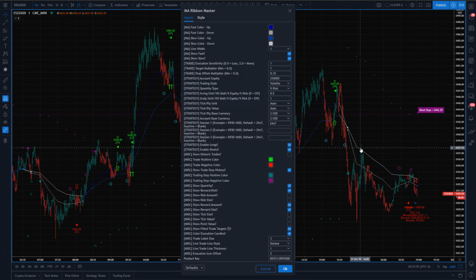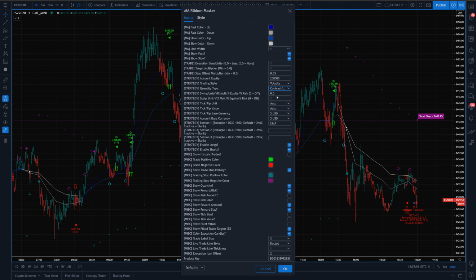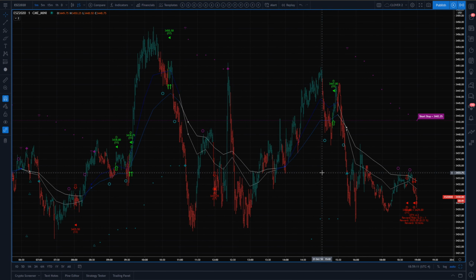So when you look at the quantity type here underneath the trading style, you have 4 different quantity types to use when you're trading. Contract unit is where you would use an exact number of contracts each time for a swing or for a scalp trade. So if I have 2 contracts, maybe I do 1 for the swing and 2 for the scalps to be more safe.